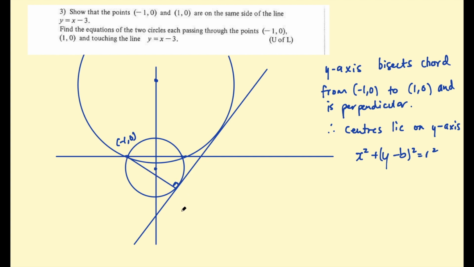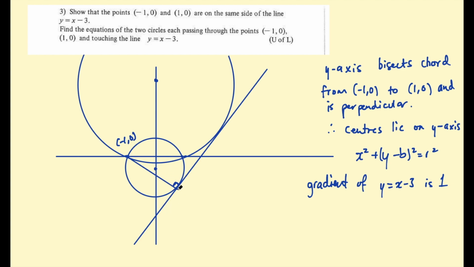I want to know something about that line. Well, firstly, we can find the gradient. The gradient will just be the negative reciprocal of the gradient of this line. So let's say the gradient of y equals x take 3 is 1. Therefore, the gradient of that line is going to be negative 1.